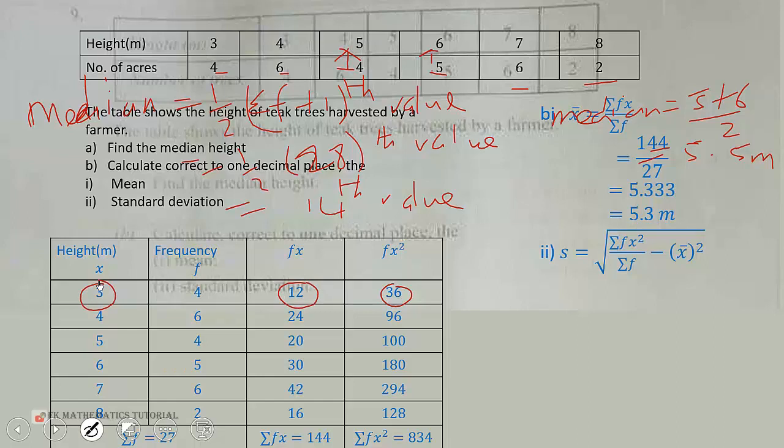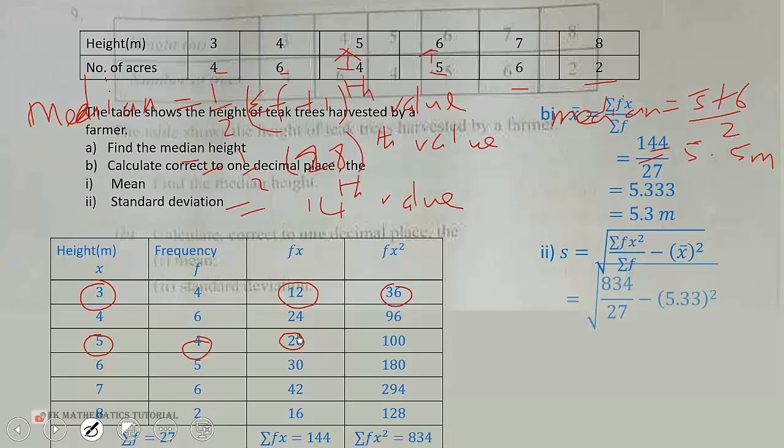So 3 times 12 will be 36. We continue in that order. So you get 8 times 16, which is 128. And to get the fx column, you multiply the x column times the f. So 5 times 4 is 20. Repeat that process till you finish the whole table.